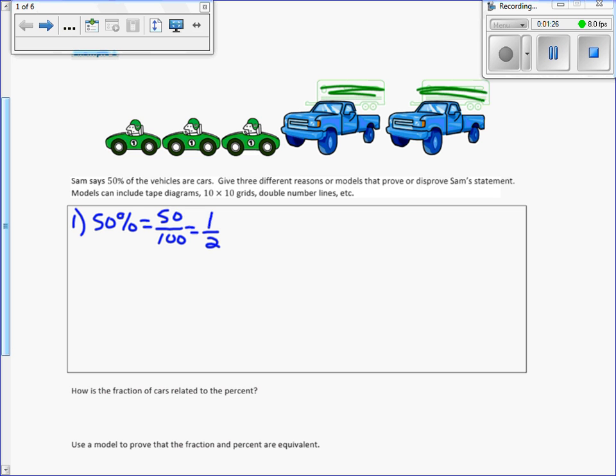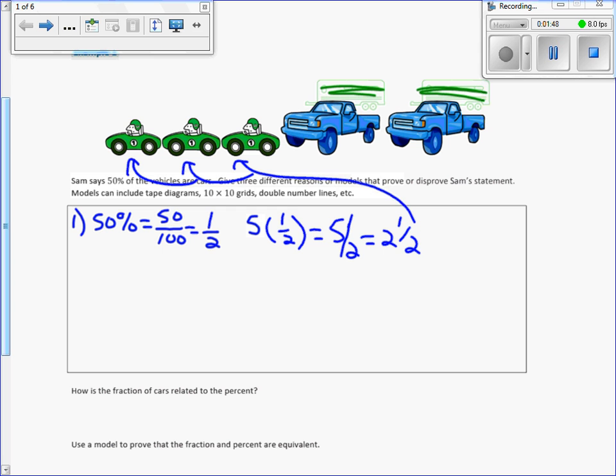So there are 5 vehicles, so I can say 5 vehicles times our 50 over 100, or 1/2, equals 5 halves, which equals 2 and 1/2. Well, there's obviously more than 2.5 cars. There are 3 cars. So it's not 50% cars. Okay? So there's one reason.